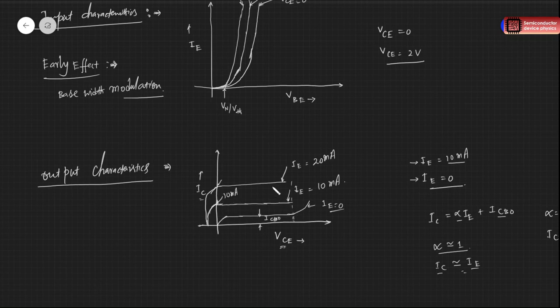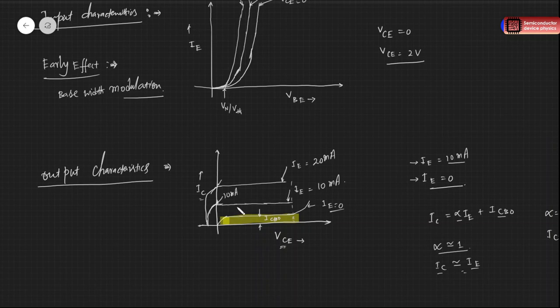Okay, now in the output characteristics, we have a few regions. In this region, where the emitter current is 0, or less than that, negative, like when we apply reverse bias at the input terminal, this region is known as the cutoff region.